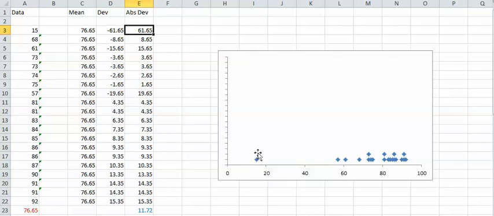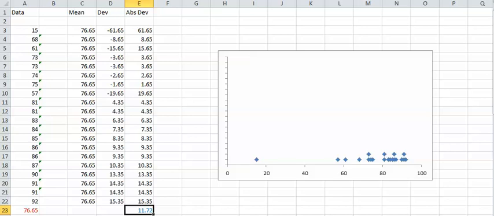It's a big distance. That's why the absolute deviation of that value is such a big number. Since this absolute deviation went up by so much, it had a big effect on the MAD. The MAD went up from about 9 to about 11.72.